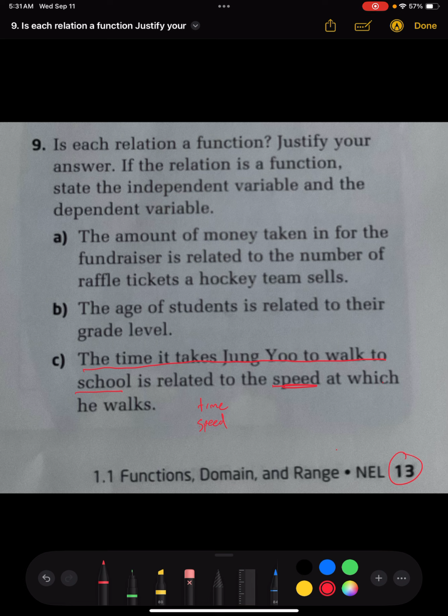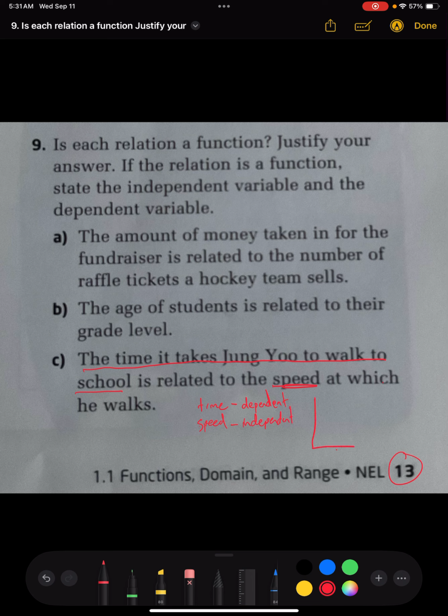So, what's dependent? Time depends on how fast they walk. I'll get there in a shorter time if I walk faster, or Jung Yu walks faster. Time is dependent. And speed is independent.